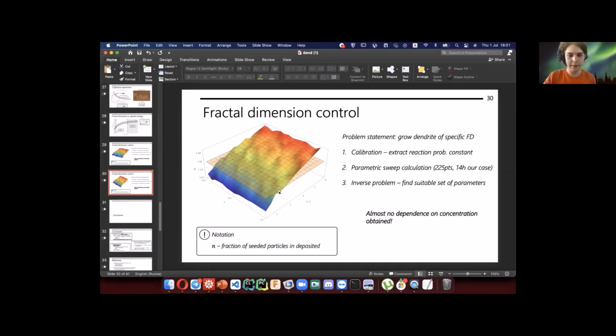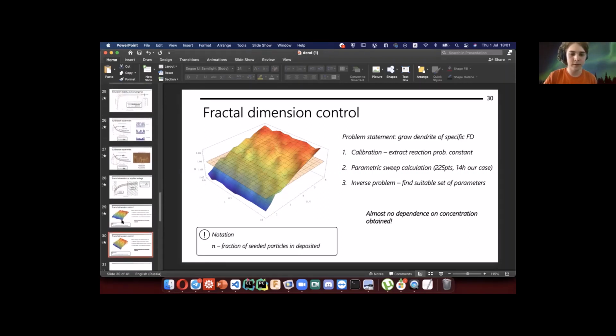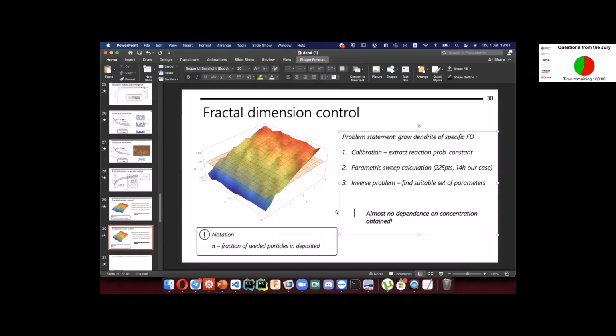If we take a slice, there will be almost a straight line parallel to the concentration axis. Unfortunately, I don't have this one here, but there is some noise. However, it doesn't depend strongly on it. Okay, so the other axis is what? Applied voltage. Okay, so it's mostly dependent on voltage and not on the concentration. Okay, thank you.